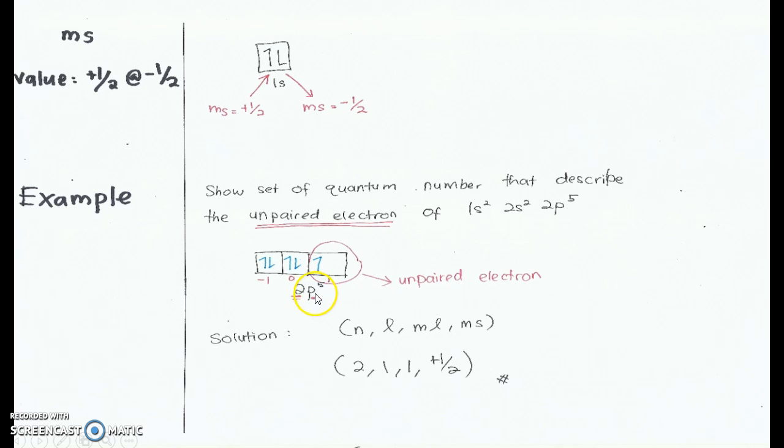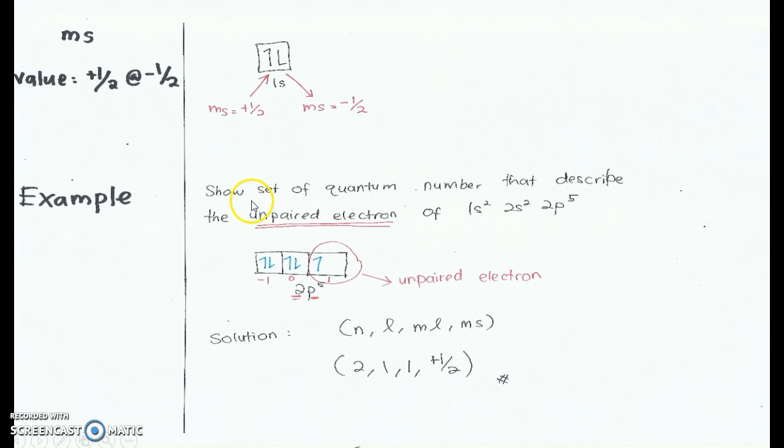As we discussed before, the p orbital has 3 boxes, so you fill in 1, 2, 3 and return back for 4, 5. So you can see here the unpaired electron is in the last box.